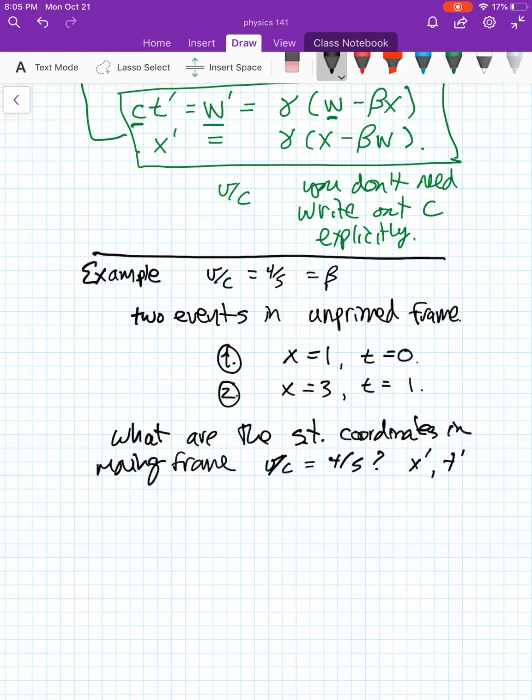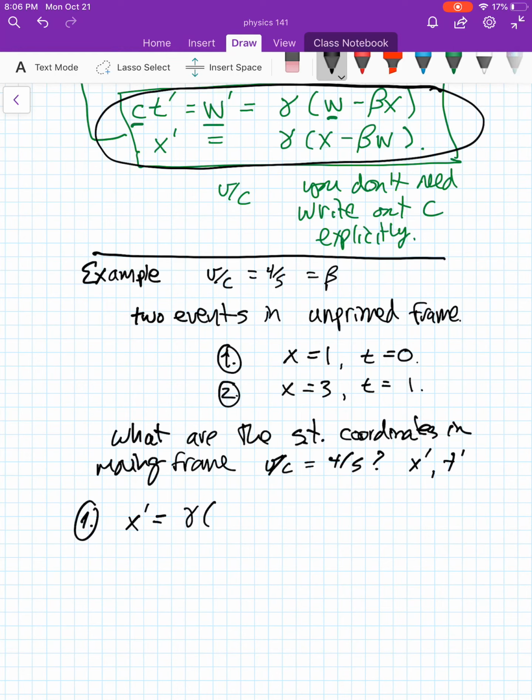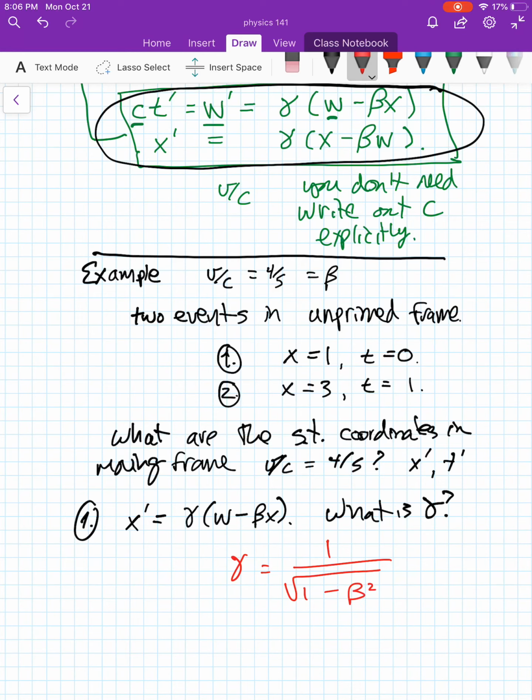Well, we need to use the Lorentz transformations for each case. So let's do the first event, number 1. We can compute x prime, but first we need to find gamma. We know it's going to be gamma times x minus beta w. But what is gamma? Gamma is equal to 1 over the square root of 1 minus beta squared.